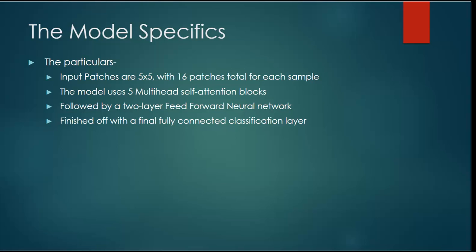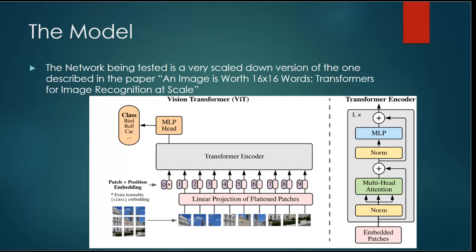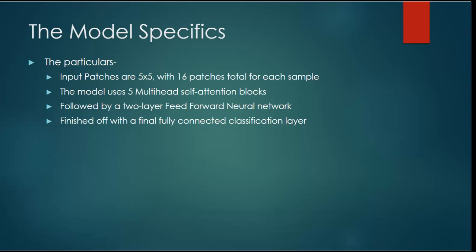And the model uses 5 multi-head self-attention blocks, as described in the paper above, An Image is Worth 16 by 16 Words. And this is followed up by a 2-layer feed-forward, fully connected neural network, and then the final classification layer.